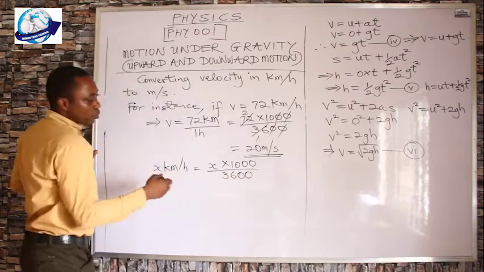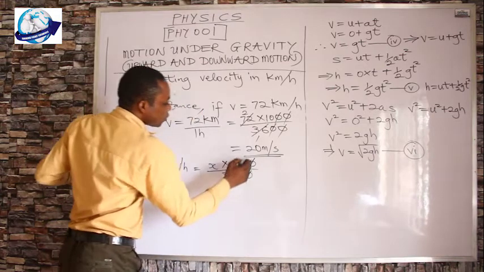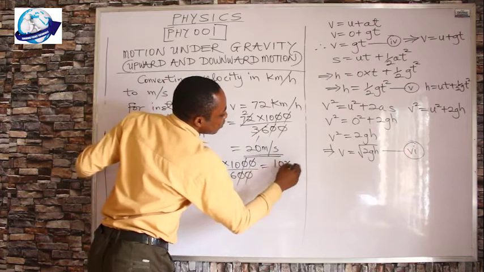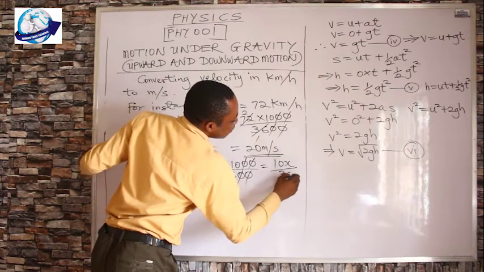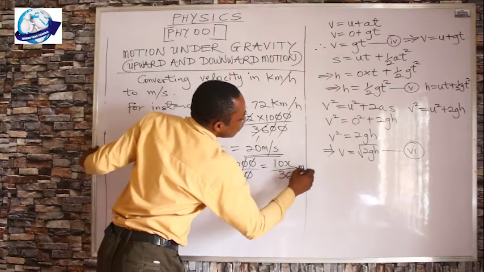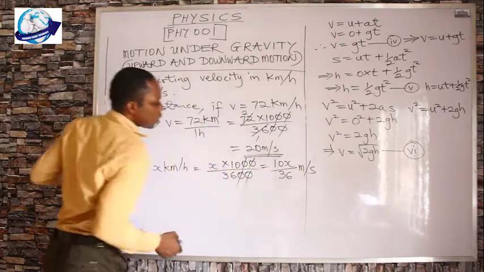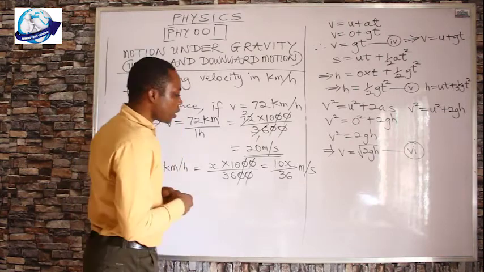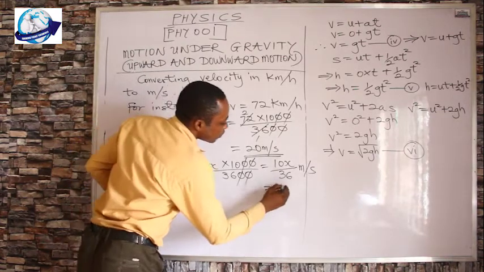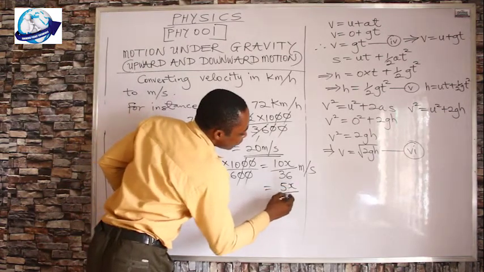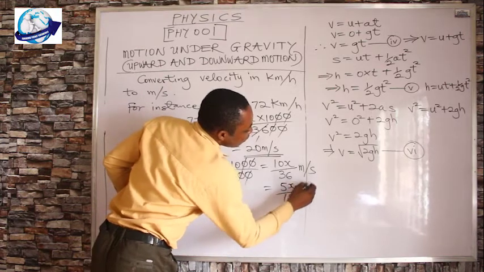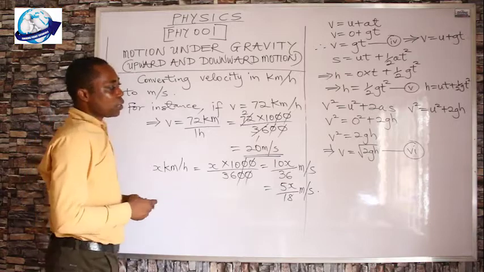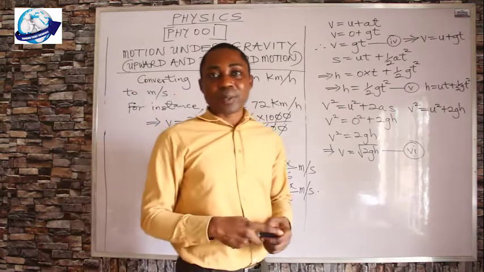When you do your cancellation or division, at the end of the day you have 10x over 36, or you can say 5x over 18 meters per second. That's the process to follow to convert from kilometer per hour to meter per second.